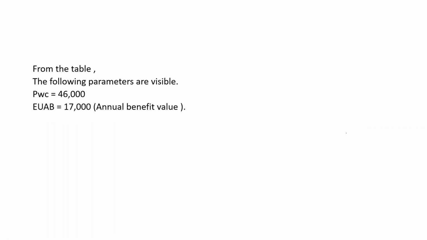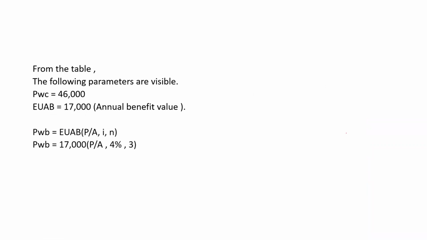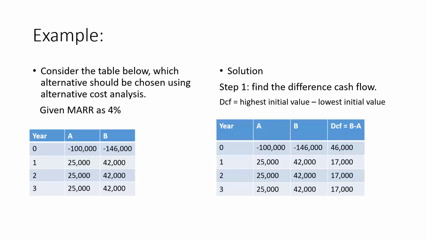let me go back. After getting the difference cash flow, you'll be able to know your present value and your future value. Now, the present value here is this 46,000 naira, and this present worth is the cost.